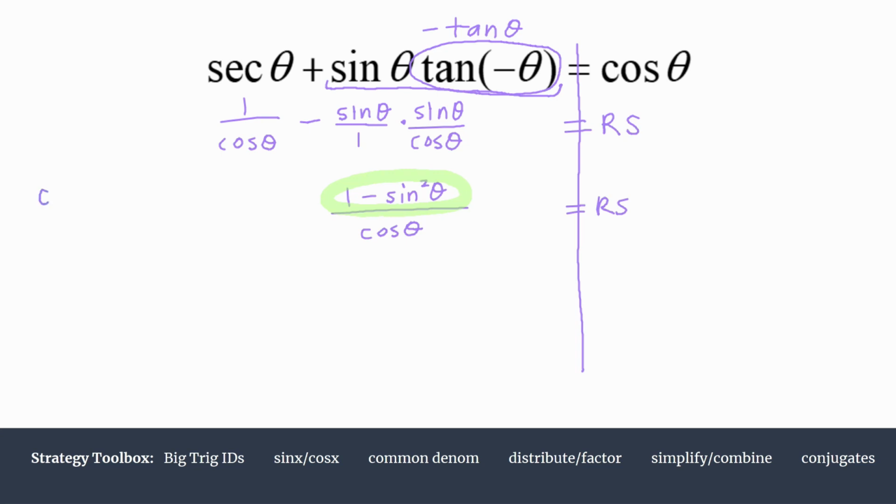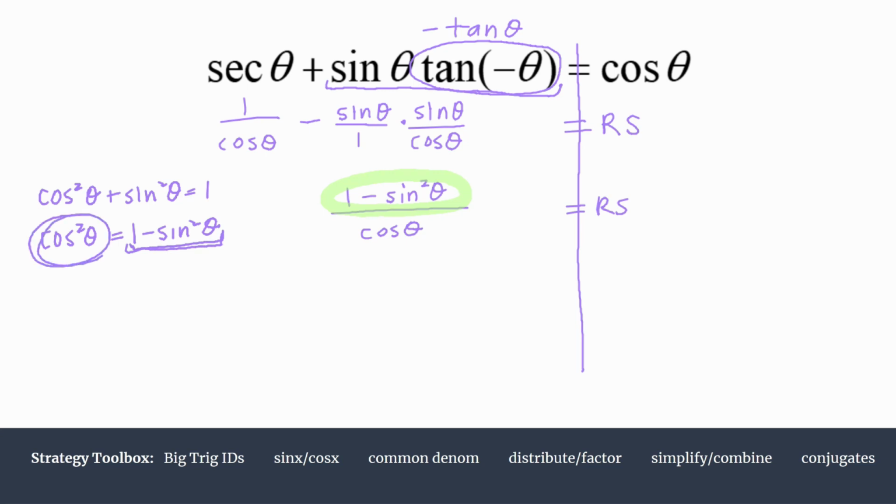Remember, a Pythagorean identity, cosine squared plus sine squared equals 1. And if you rearrange that slightly, if you subtract sine squared from both sides, we know that cosine squared should be equal to 1 minus sine squared. And so we can replace our 1 minus sine squared with cosine squared.